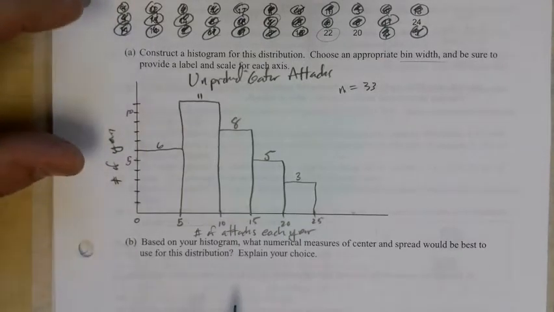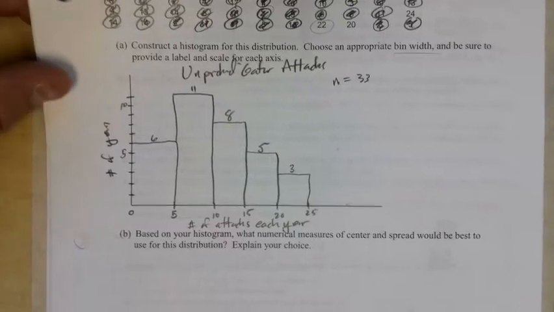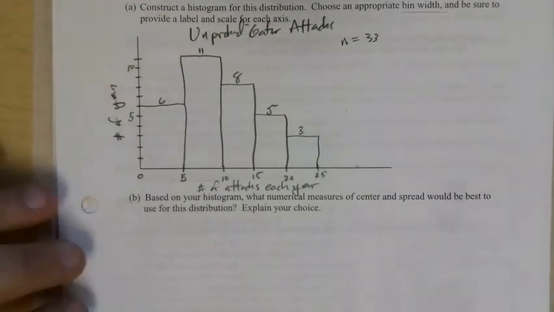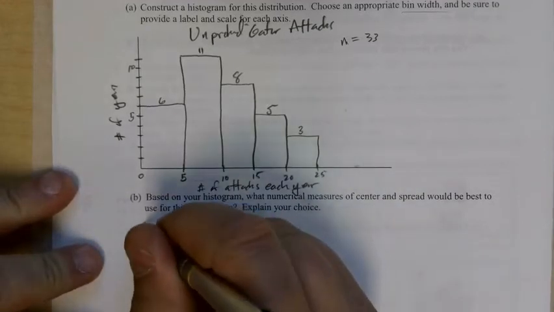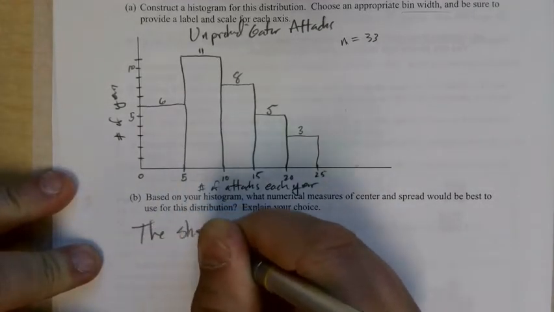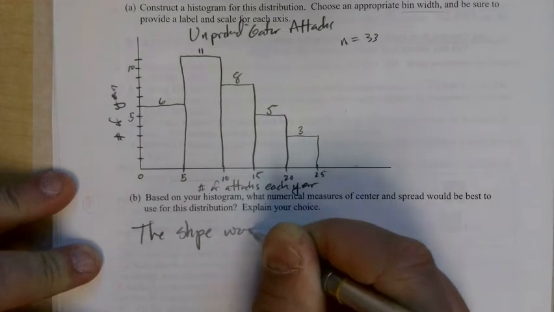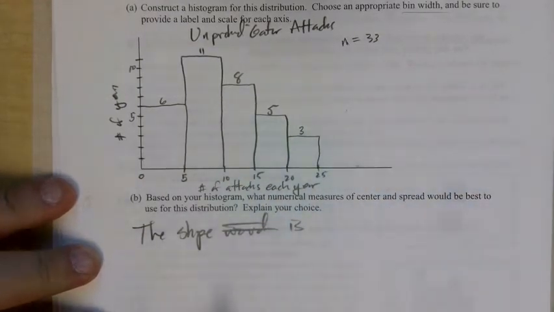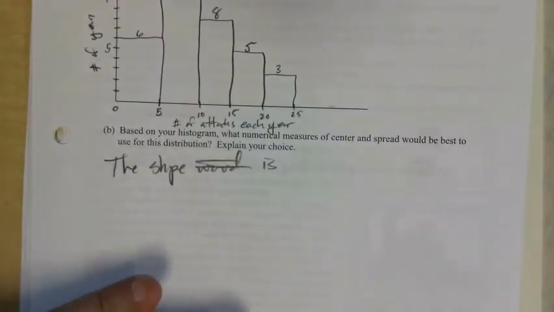Based upon your histogram, explain what numerical measure of spread, center and spread, would be best to use for this distribution. Explain your choice. Well, I'm looking at this. The shape is, and notice I just scratched stuff. Don't bother to erase it. Just scratch it off.